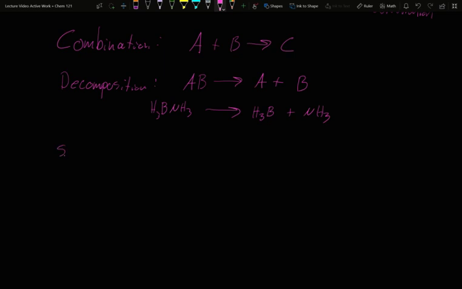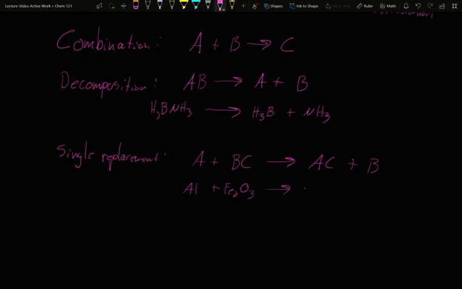There's also things like single replacement. Examples for these is if you have A plus BC and it becomes AC plus B. Something swapped its partner. So C swapped out B for A. Examples here are things like aluminum and Fe2O3.